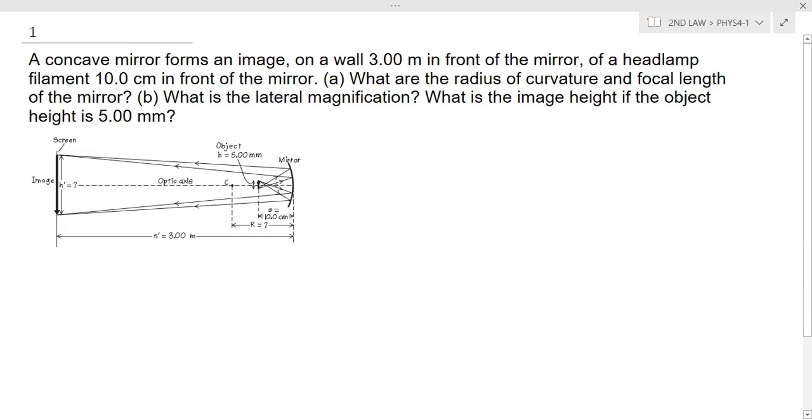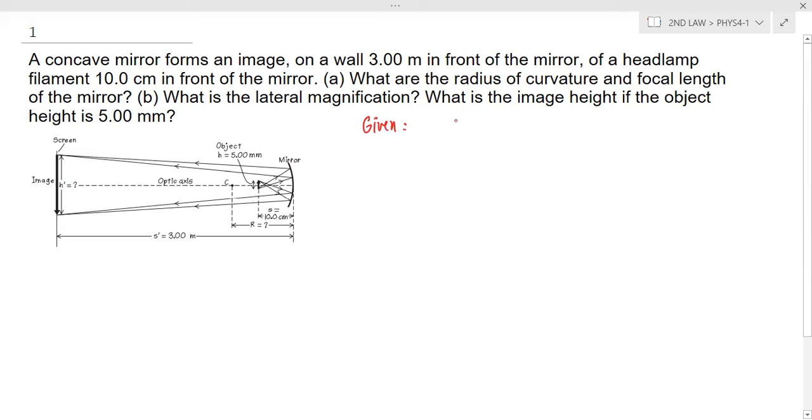The distance of this object from the mirror is 10 centimeters. We are going to look for the radius of curvature, big letter R. And the distance of the image is 3 meters. This is S prime, your image. The variables that have a prime or apostrophe indicate the image properties.